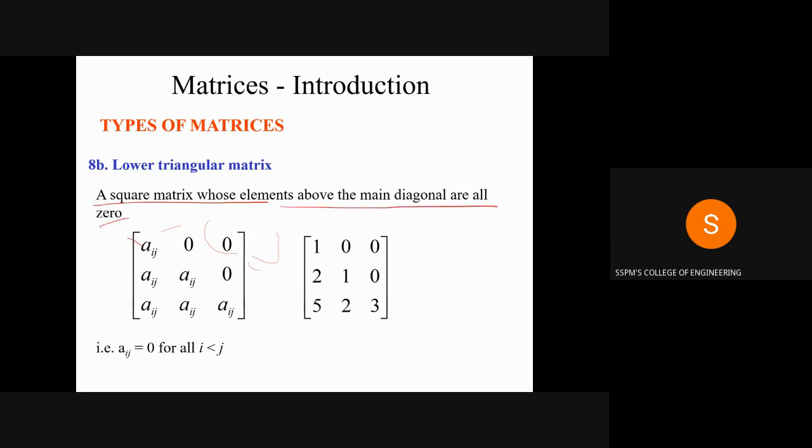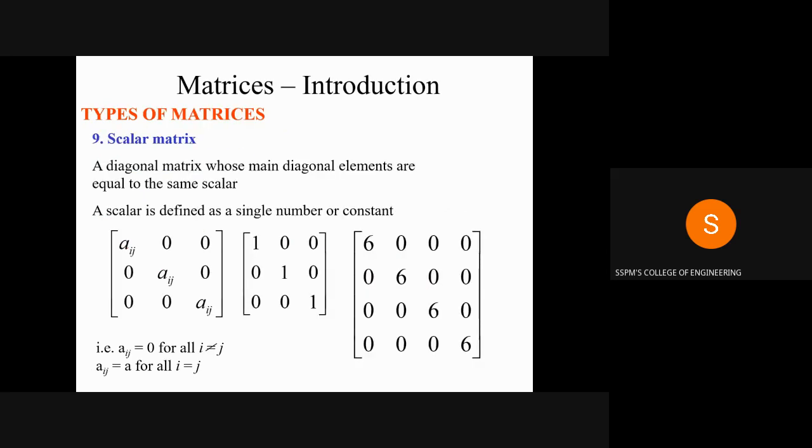So this is your main diagonal, and all the entries above it are zero. Similarly, in this example, these entries above the diagonal are all zero, so this matrix is a lower triangular matrix.